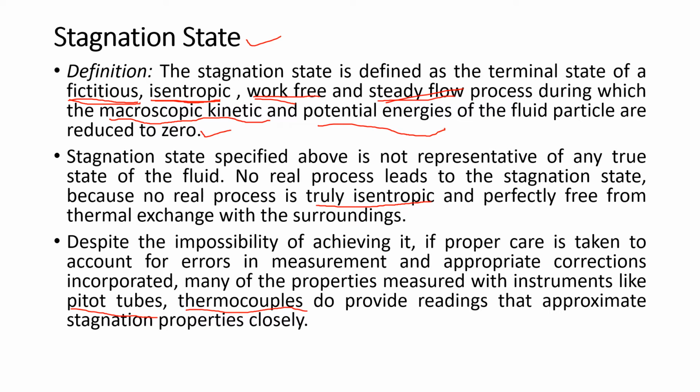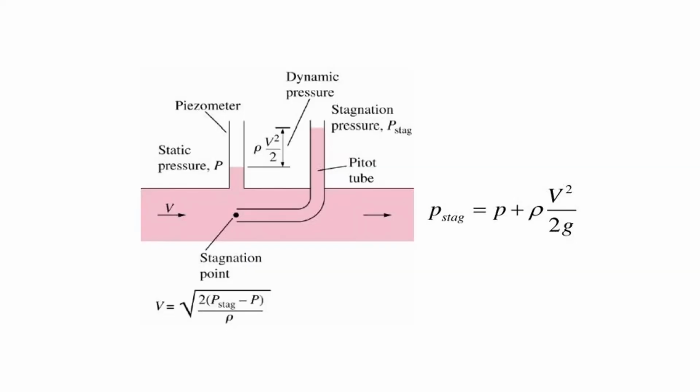So we'll understand more with the help of the sketch. We have studied what is static state and what is stagnation state, what is static property, stagnation property. Let us try to understand those terms with the help of the sketch.